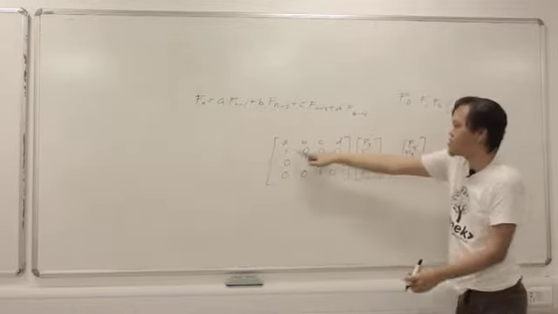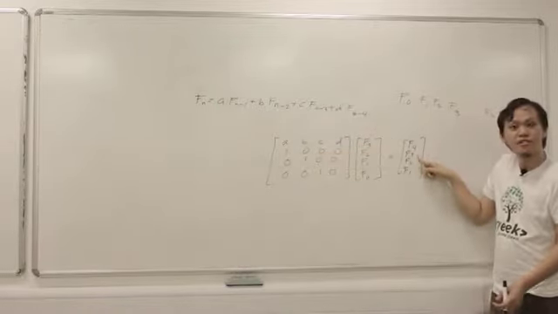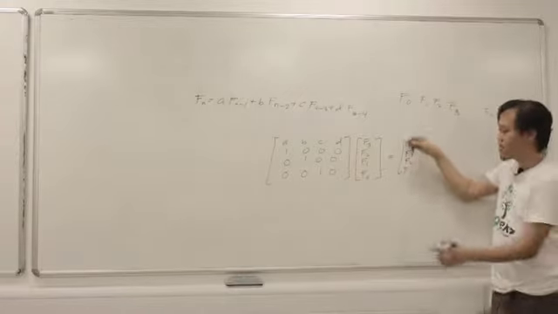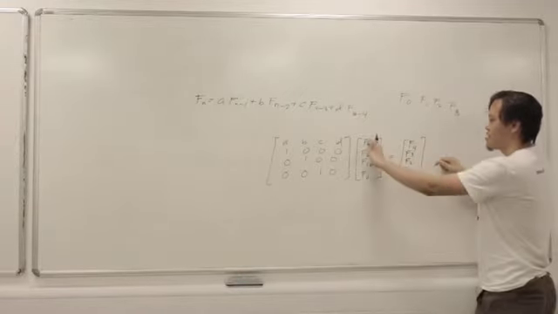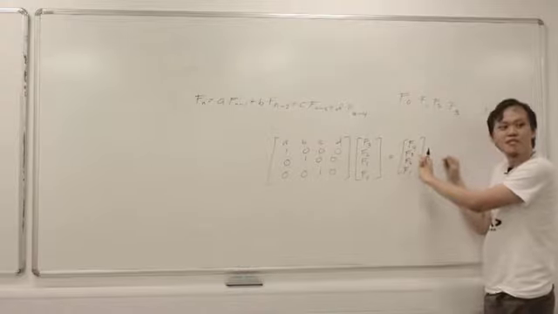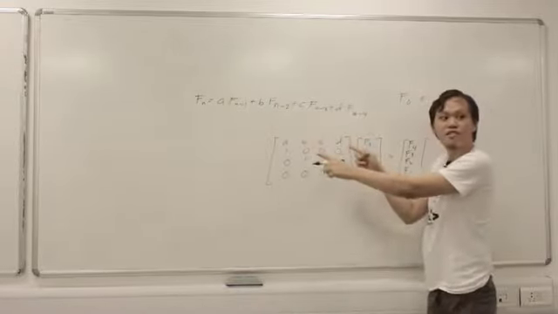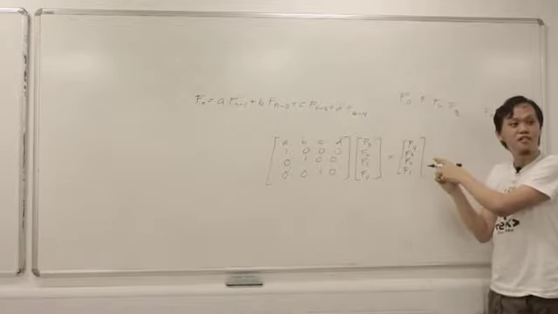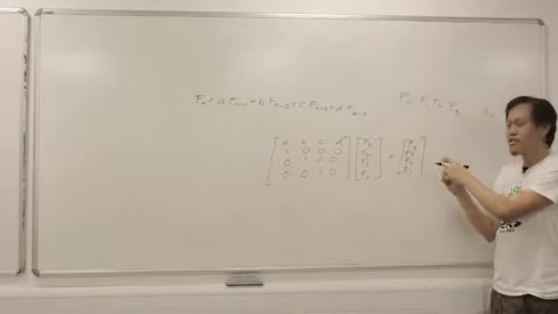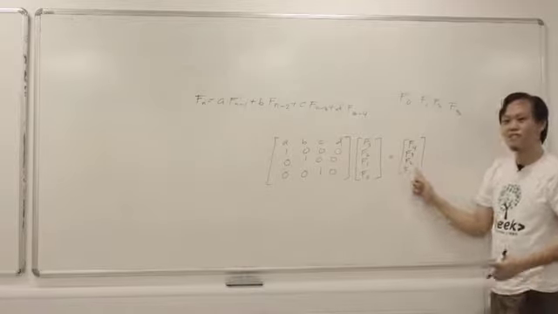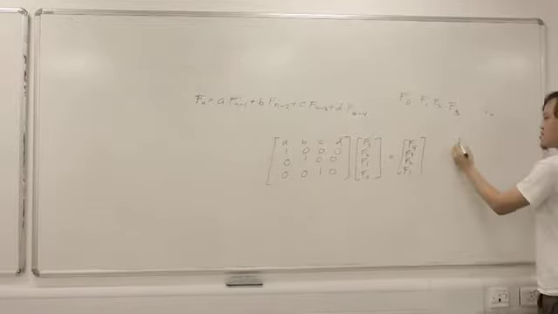So F3 will be here, F2 and F1. This one will be removed, these three will be put here, and then this appears because if you multiply by the coefficients, you get the next one. And if you multiply that matrix again, you get the next few values.